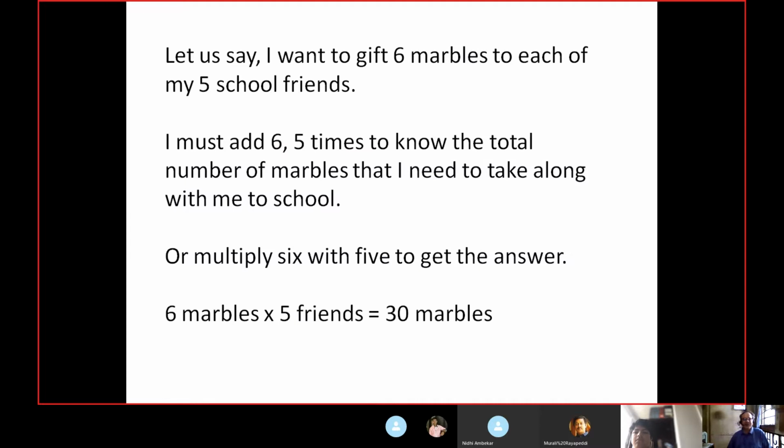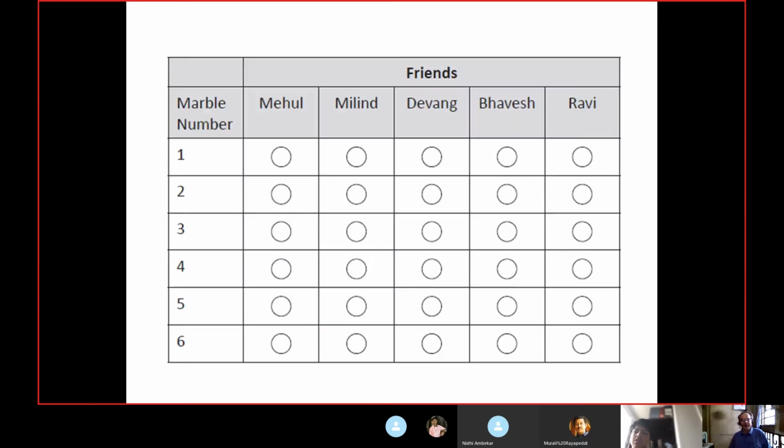So let us say I want to gift 6 marbles to each of my 5 friends. I must add 6 5 times to know the total number of marbles that I need to take along with me to school, or add 5 6 times, or multiply 6 with 5 to get the answer. I can illustrate that repeated addition in this way.